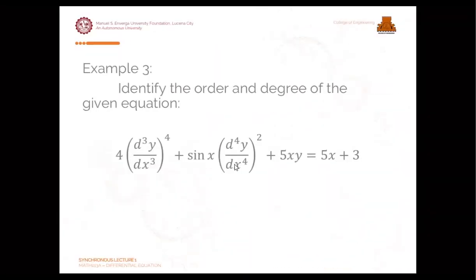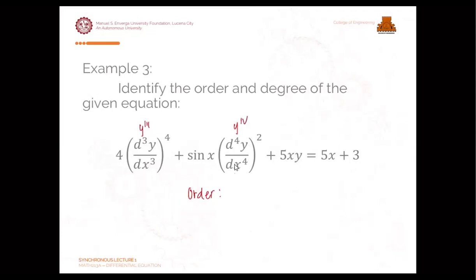Next, so let's have this one. So, we have 4 d cubed y over dx cubed is to the 4th power plus sine x times d to the 4th power y over dx to the 4th squared plus 5xy equals 5x plus 3. Okay? Order is, alin ang order? Highest derivative tayo. So, ito is y triple prime. Then, ito is y 4 prime.